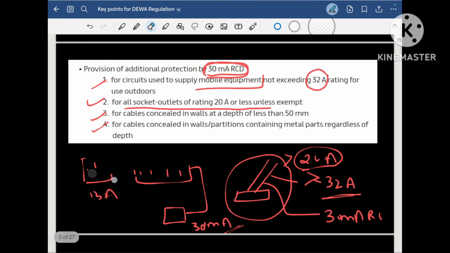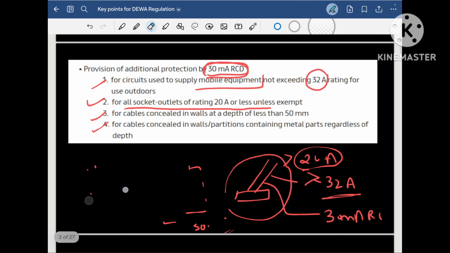Now let us move to the other point. This point is very important and we have to understand it very clearly. It says that a cable concealed in the wall at a depth of less than 50 mm, what does it mean? We need an RCD.